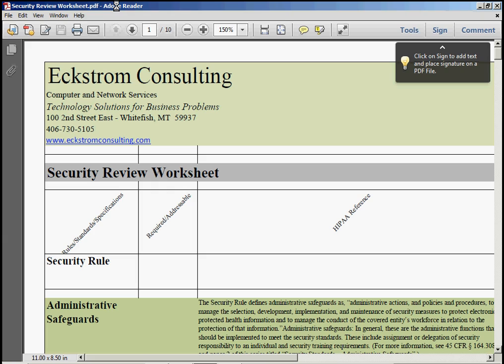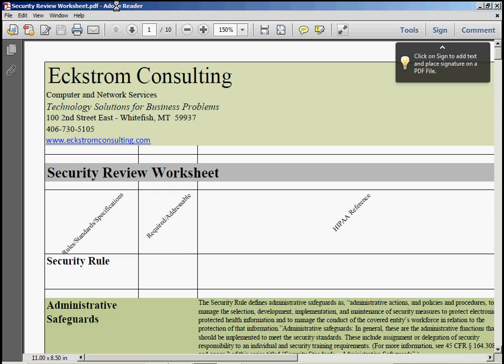CMS and HHS, the Department of Health and Human Services, had summarized the HIPAA security rule for someone to read, and I took it and summarized it even again. So it's really been distilled down, and in a manageable process you can work through this worksheet and become HIPAA security compliant.